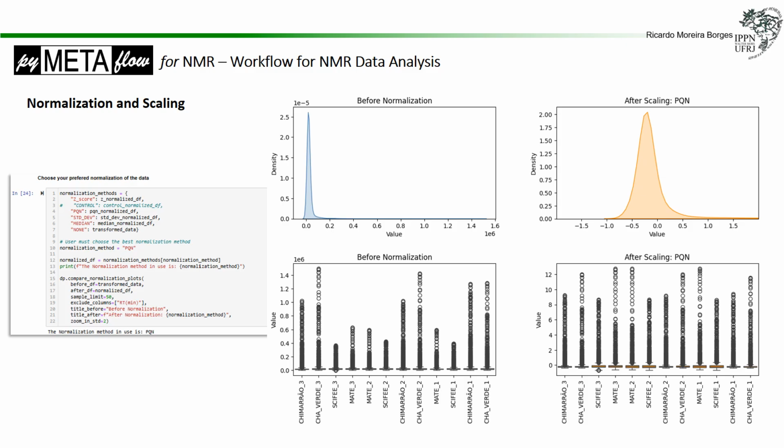You can plot the data and check for the normal distribution of your samples and variables, right? And this image is saved. One thing that I forgot to mention is that every image is saved in a subfolder, subdirectory, named images, and each data that is created is saved in the data directory.